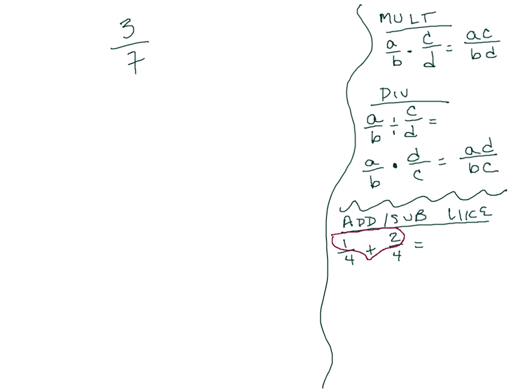That gives you 3/4. So same thing, 1/4 minus 2/4, you combine the numerators over the common denominator, which in this case would give you -1/4. Okay, so what happens when you're adding and subtracting with unlike denominators?